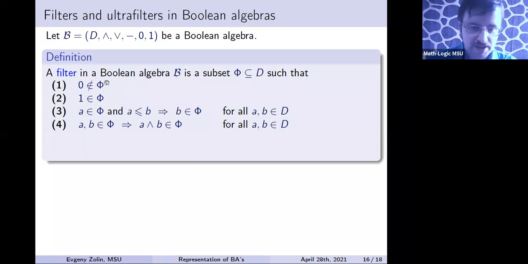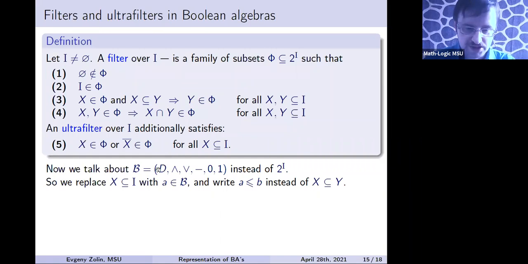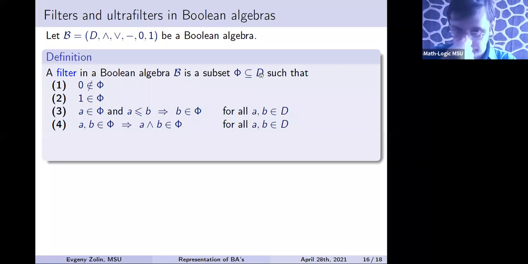A filter in a Boolean algebra B is a subset of this Boolean algebra. Notice the subset of a Boolean algebra, not 2 to the power D. Because now D is an analog of 2 to the power I. So a filter will be a subset of D itself.